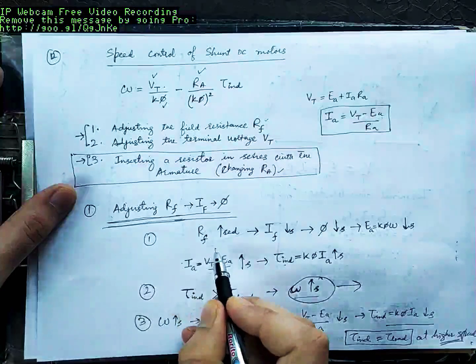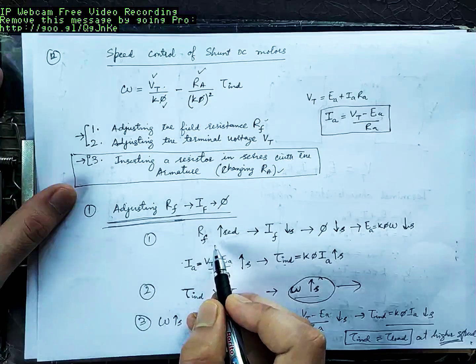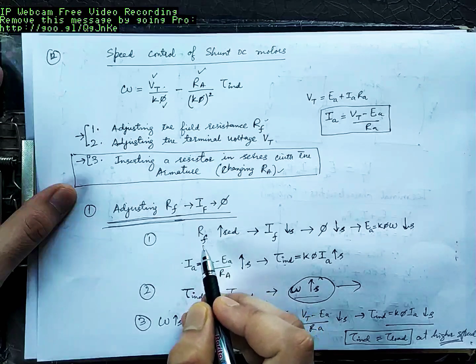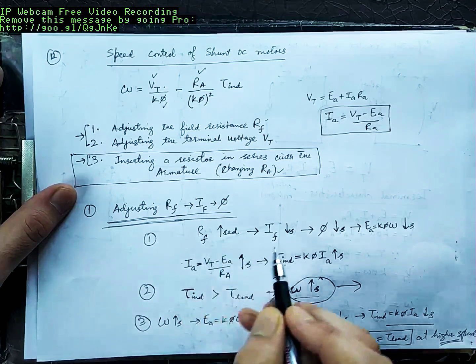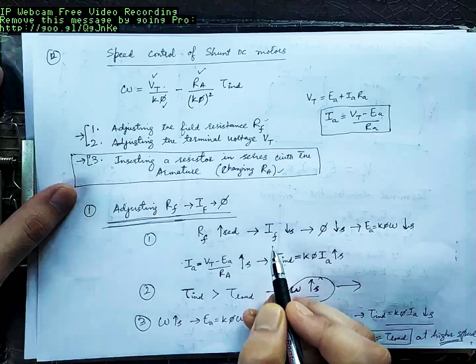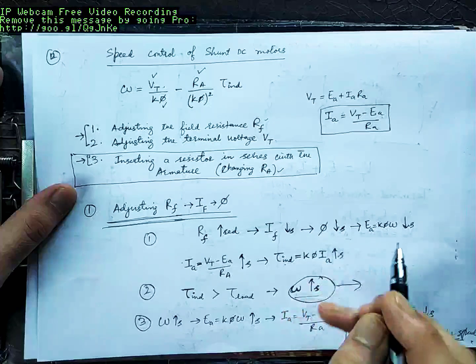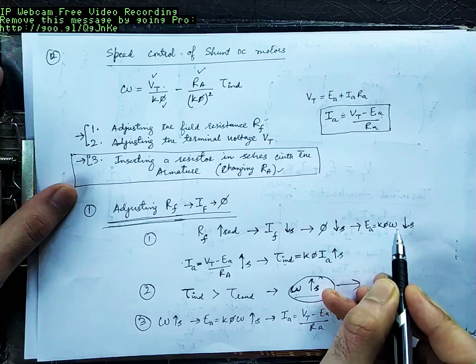When we increase RF, that is when we increase the field resistance, we are decreasing the field current. If we decrease the field current, we are decreasing the field flux. Also, we know that induced EMF in the armature is proportional to K, Phi and Omega.